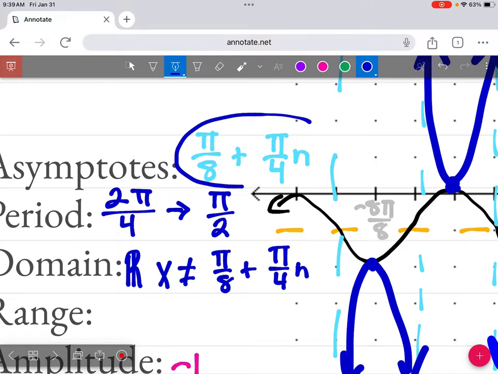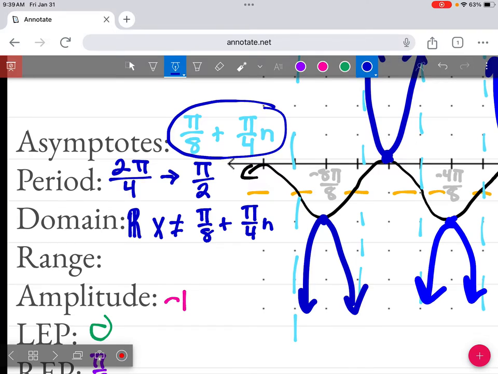Whatever we get for our asymptotes, however often they're happening, we have to include that repetition in there. What's our range on this one? To -2 and 0 bracket to infinity. Okay?